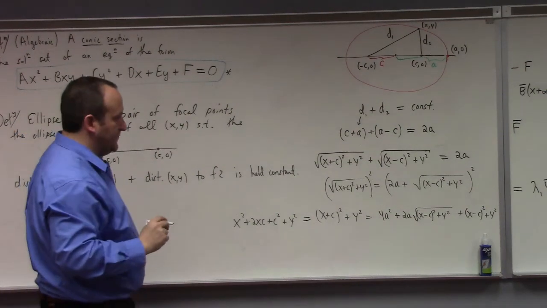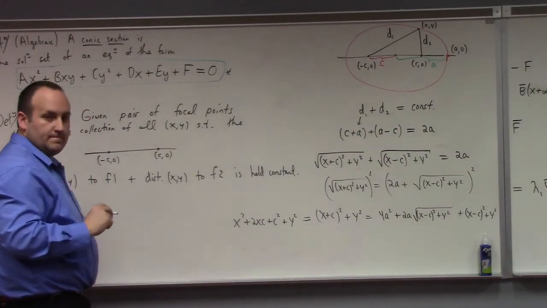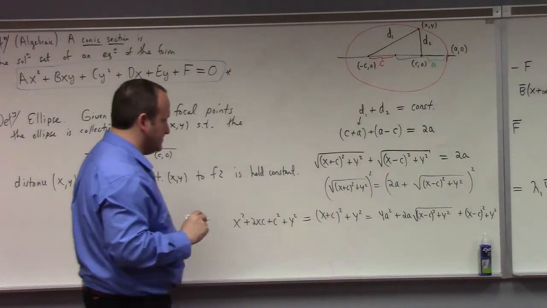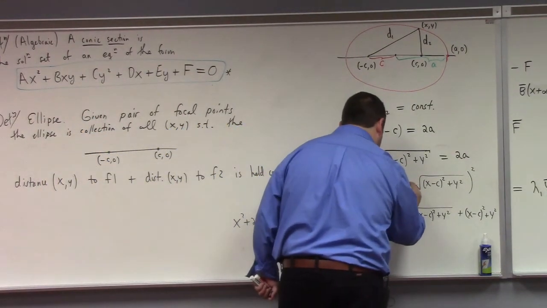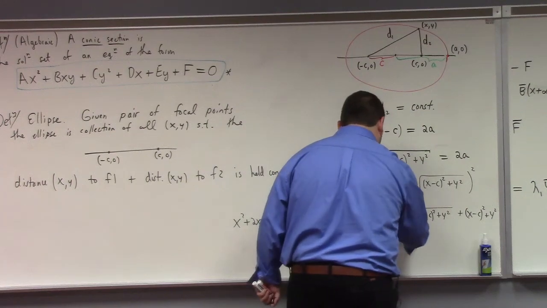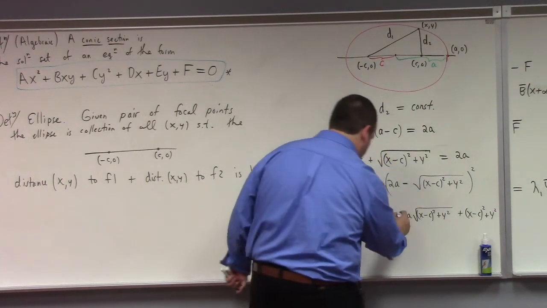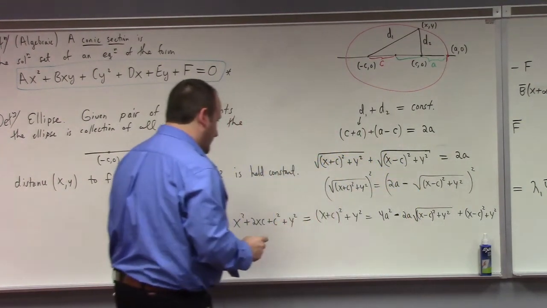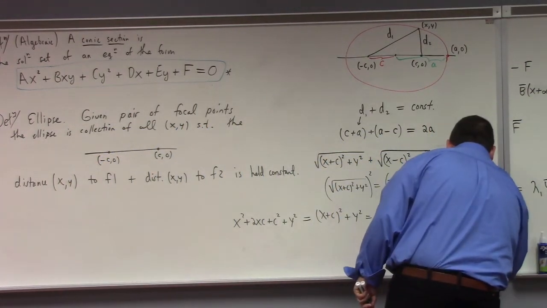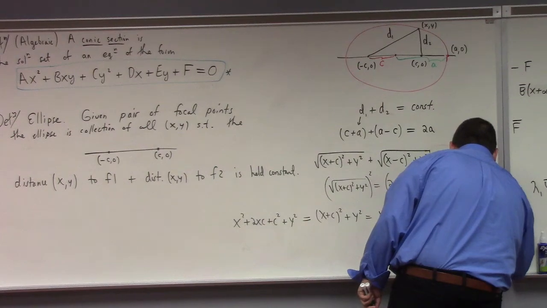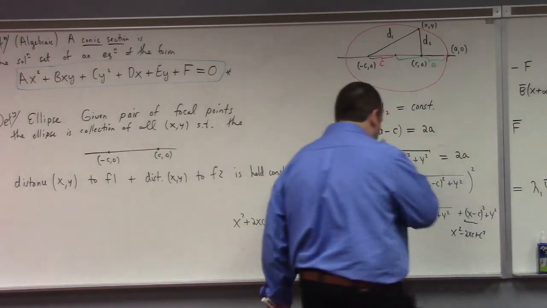One of them's plus, one of them's minus. Oh, I mean when you use the whole square root. Oh, yes, yes, yes. Thank you. And you notice that this gives us an x squared minus 2xc plus c squared, right?